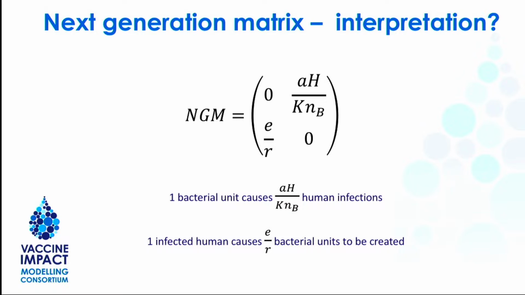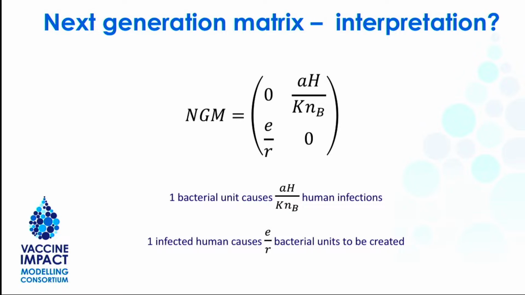So let's ignore everything but this part, this E over R. The reason I'm saying this part is because when we had our SIR model and we calculated R0, it was beta over gamma. So what is that saying? Well, we're always thinking about the number of infections per generation.